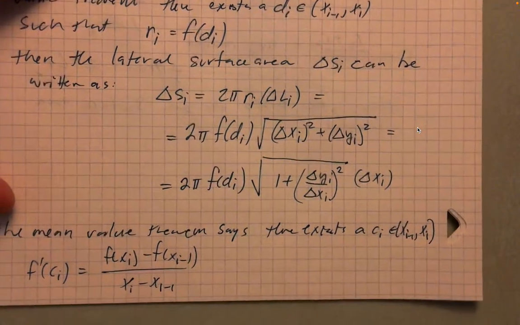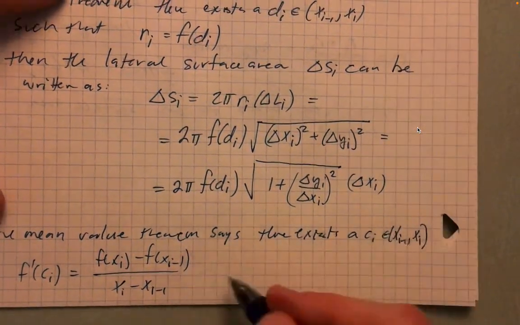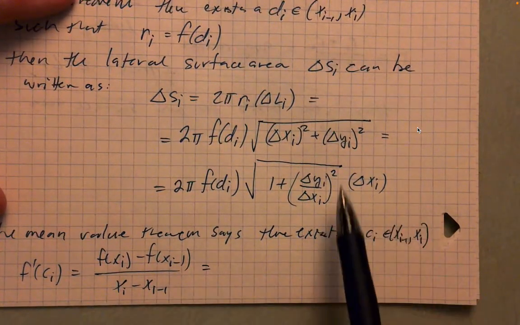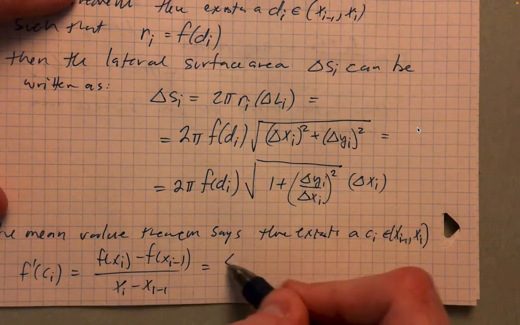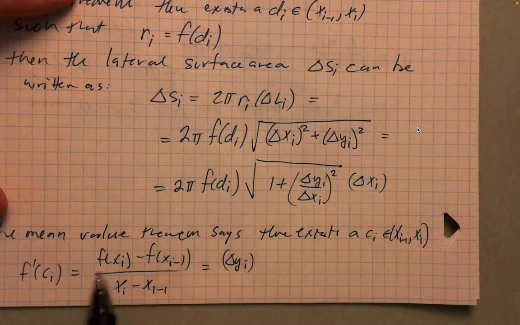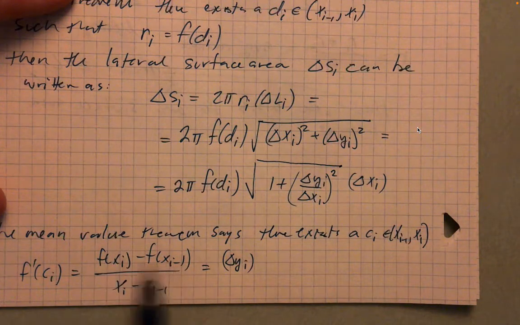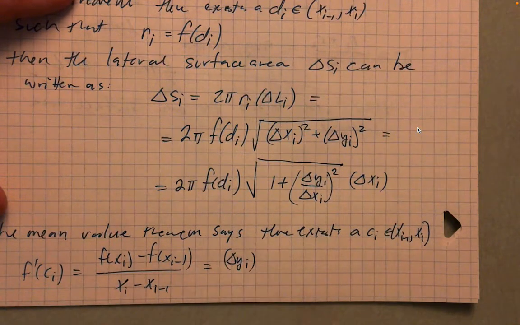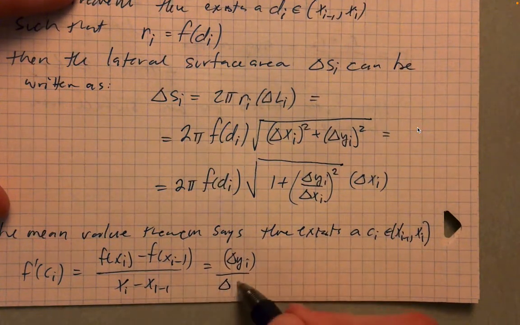And this is going to be equal to delta yi. That's just what this is, yi minus yi minus 1, so delta yi, and then of course delta xi on the bottom.